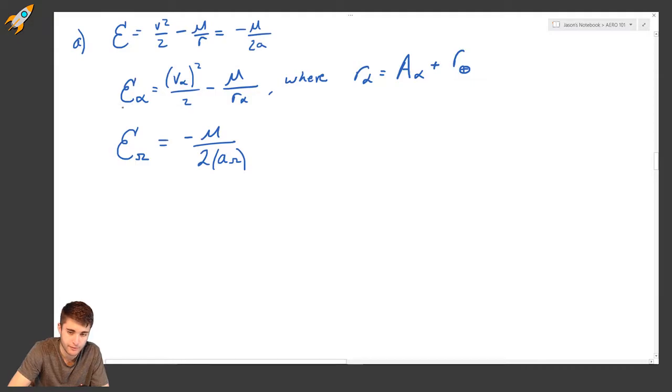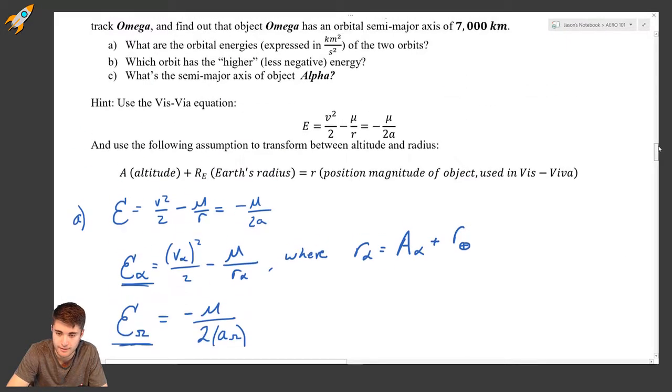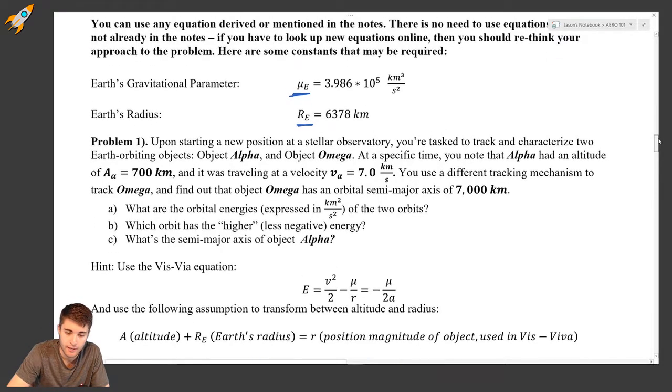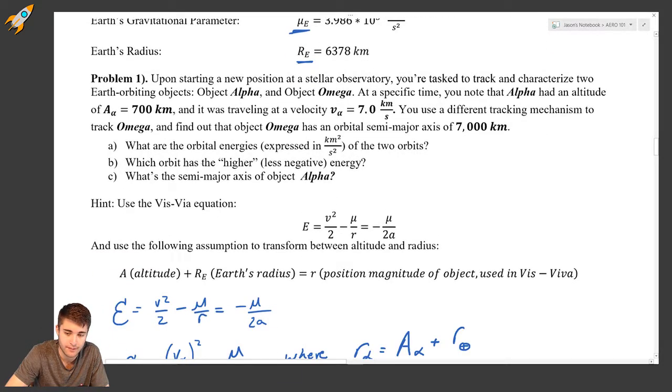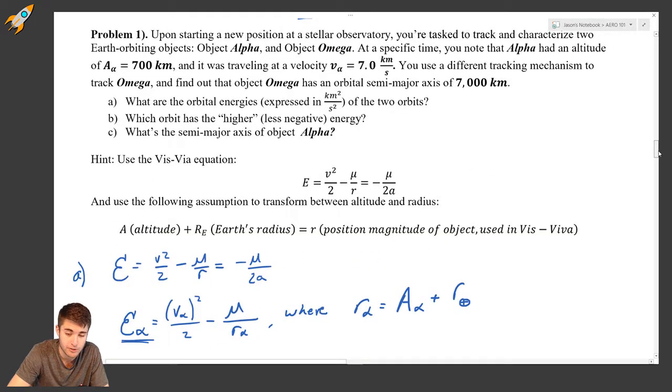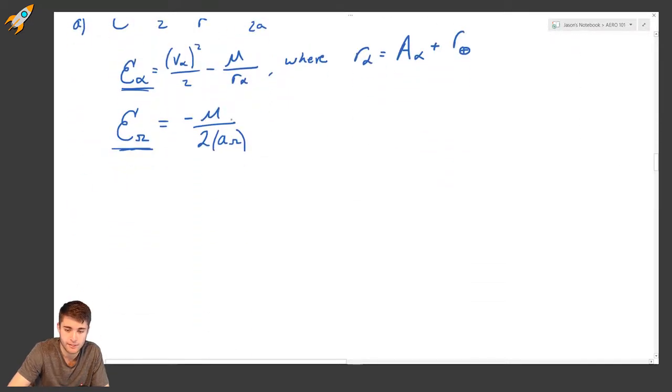So these are two things that we can calculate right here, the two energies. I'm not going to calculate them for you guys. If you want to do that, then download this worksheet and do them yourself. I'm just showing you how to get to these answers. Which has the higher or less negative energy, right? Because these are both probably going to be in an elliptical orbit. So B is just simple.